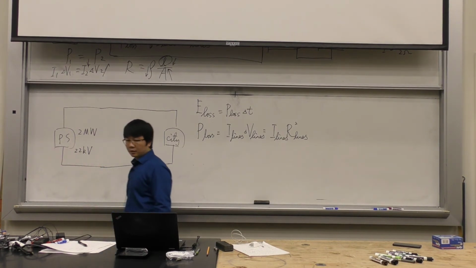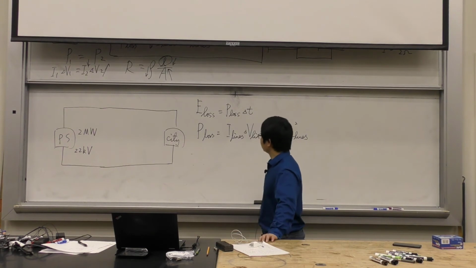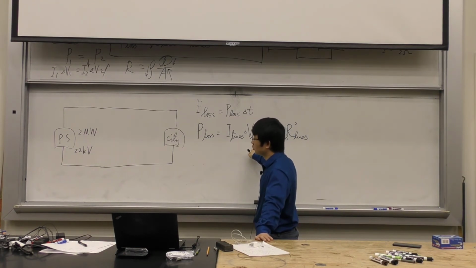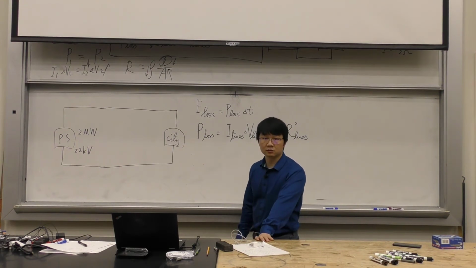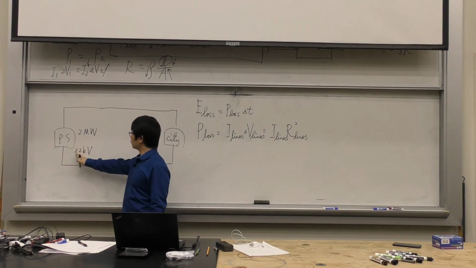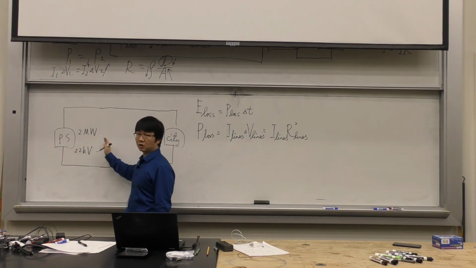Okay, so then some people would just use, okay, the voltage is just going to be 22 kilovolts. Okay, I'm going to plug that number. No, the 22 kilovolts is not the voltage on these transmission lines, right? Think about that. You want to deliver 22 kilovolts and 2 megawatts to the city.